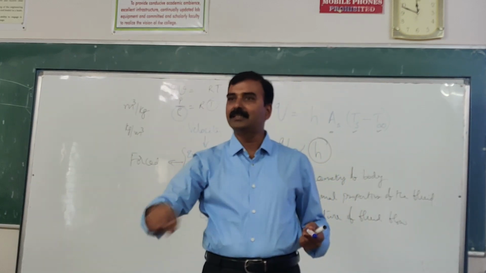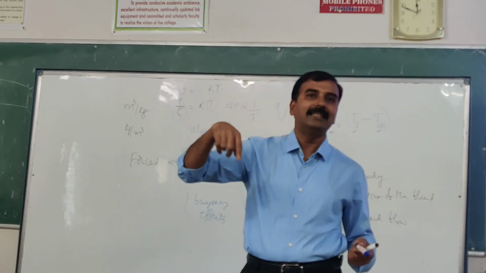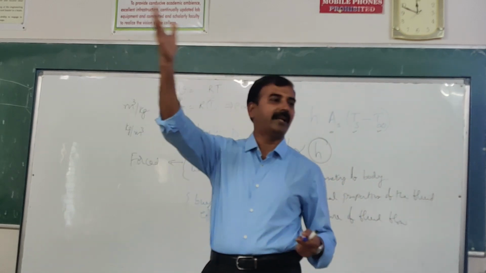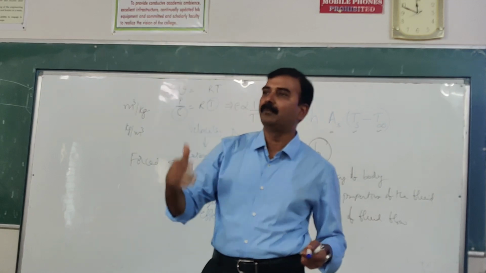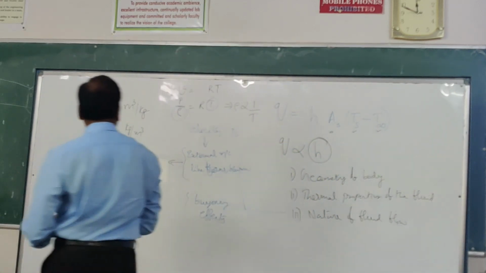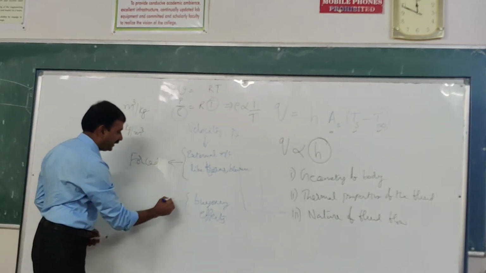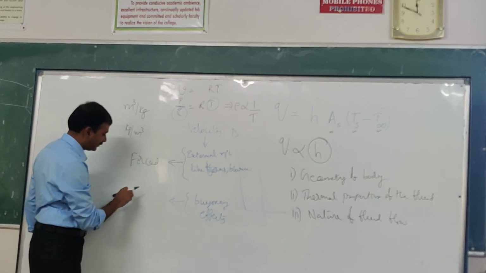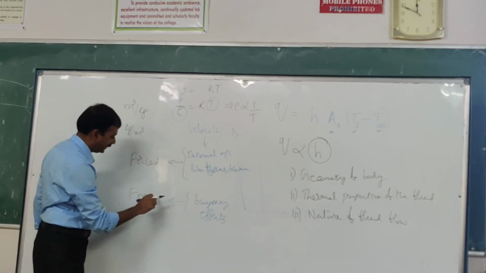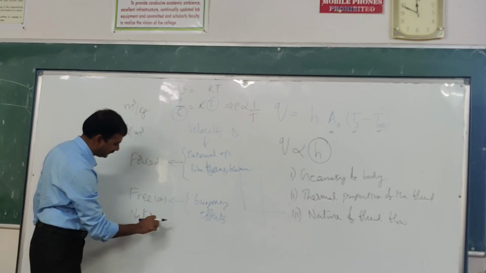So likewise, a motion is created in a certain order, and that motion is not because of fans or blowers, right? It's because of buoyancy effects and gravitational forces. That kind of velocity which is produced, we call free convection or natural convection.